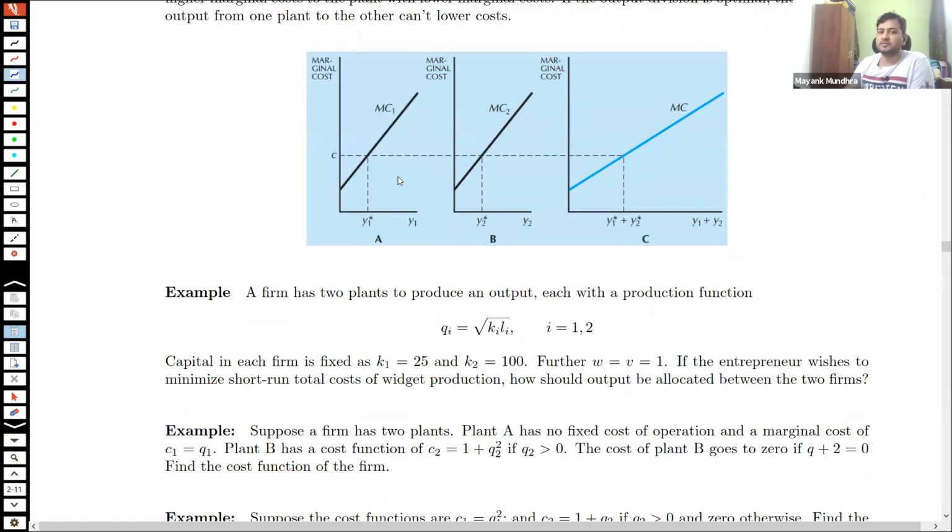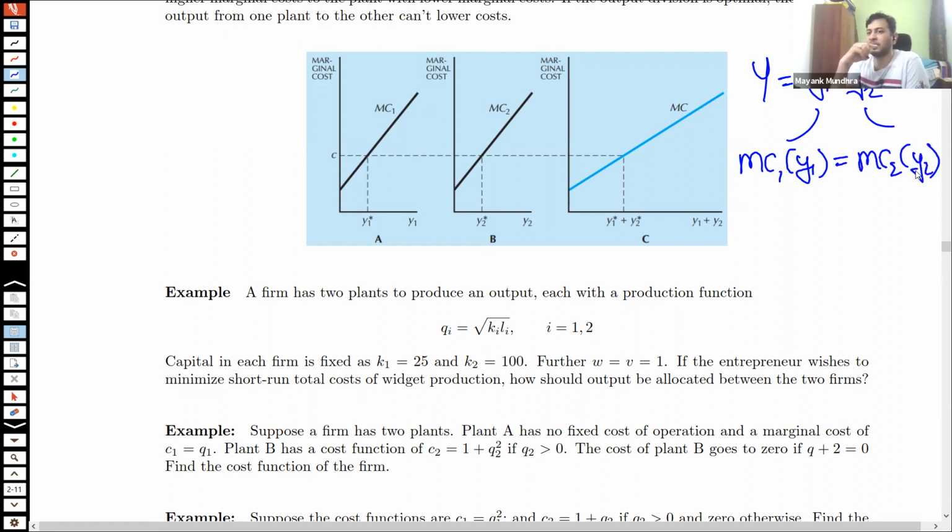So the rule of thumb is when you have increasing marginal costs MC1 and MC2, and you have to produce a total quantity Y, which is, let's say, Y1 plus Y2, then Y1 and Y2 will be such that marginal cost in plant 1 for production Y1 should be equal to marginal cost in plant 2 for production Y2. So if these are your MC1 and MC2 graphs, then Y1 and Y2 should be chosen in such a way that the marginal costs become equal.